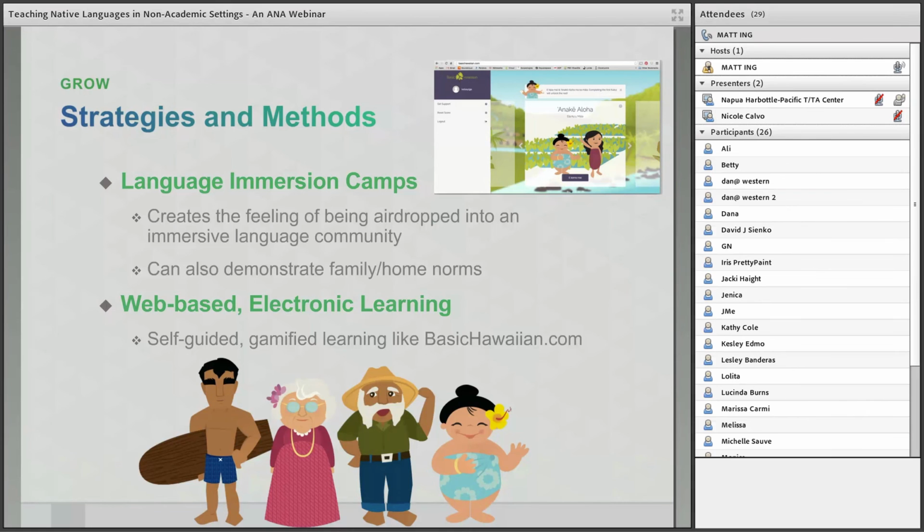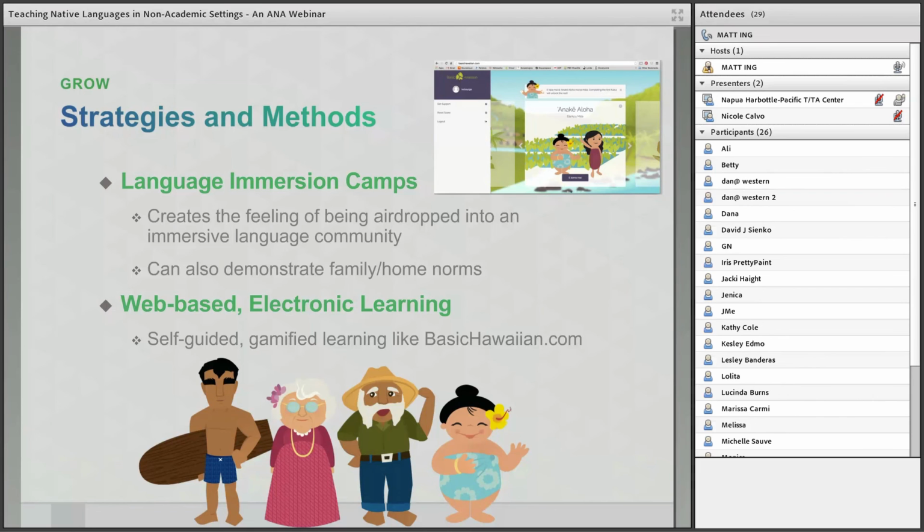Again, another thing is web-based electronic learning. For the most part, the whole society is becoming huge technical experts. I mean, you look at kids who are 3, 4, 5 years old nowadays on computers, and they're very, very proficient in technology.